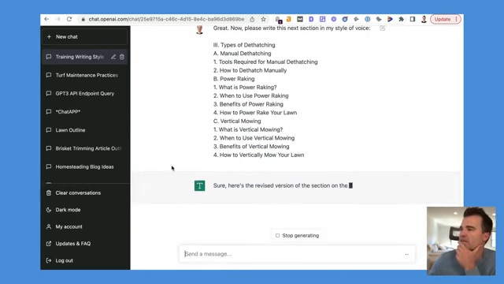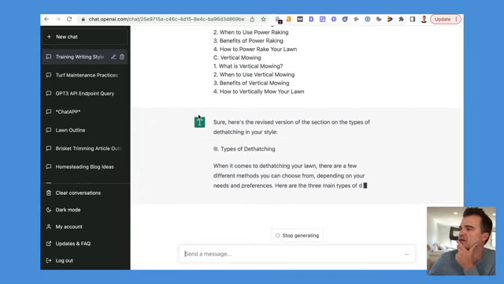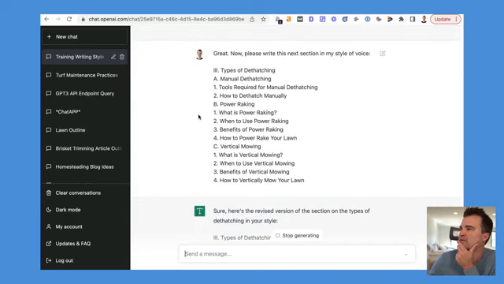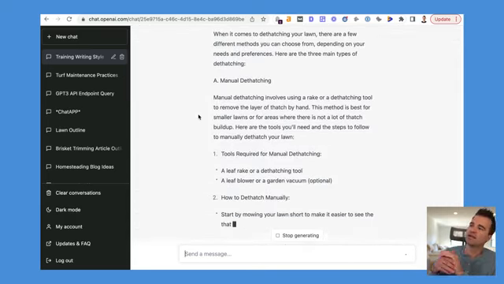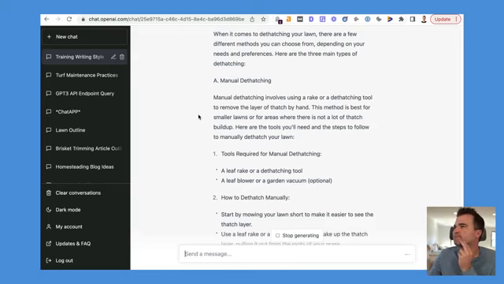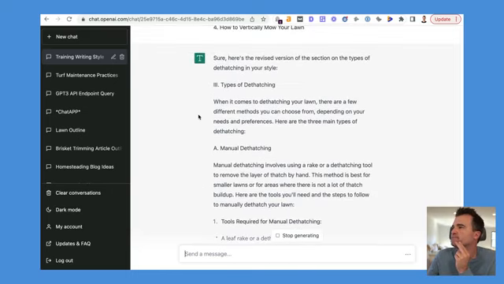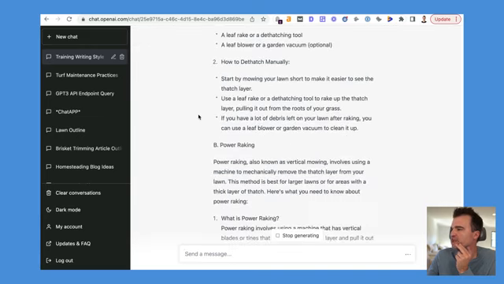Again, this is a humongous section here. So types of dethatching, manual, tools required. I'm seeing if it forgot.